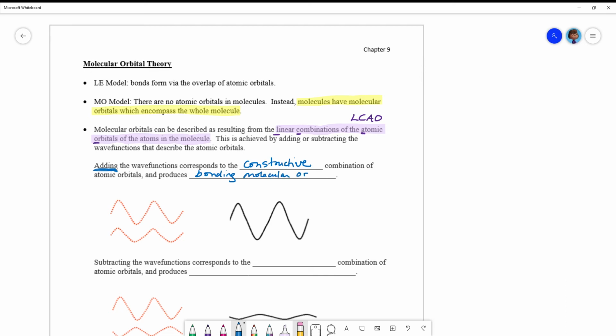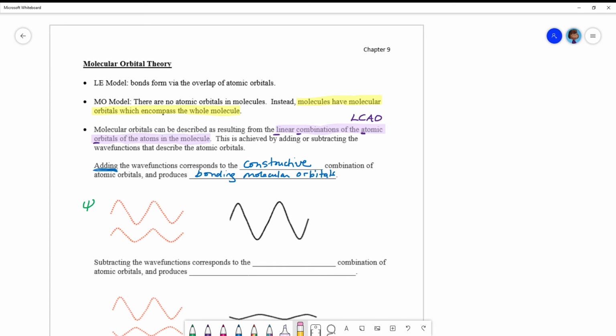Bonding molecular orbitals. Now, I'm going to illustrate this principle by using very simple waves. So let's think of a regular wave, a water wave, for example. We can visualize waves of water better than we can visualize the wave functions of an atom. I'm not sure if you guys remember this, but the symbol for a wave function is the Greek letter psi. Now, let's suppose we have a wave, this wave over here, and let's suppose this wave represents the atomic orbital of one atom.